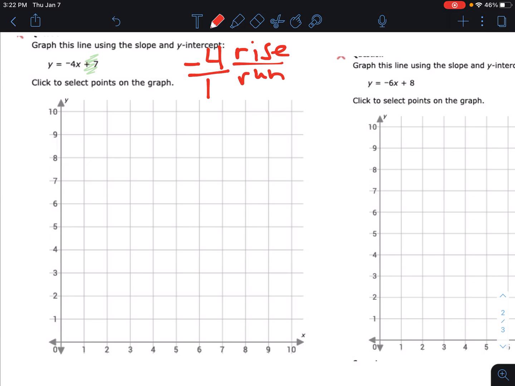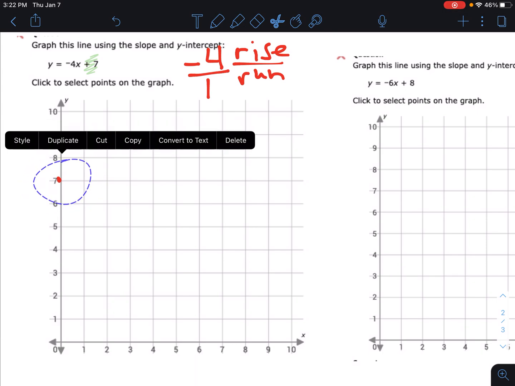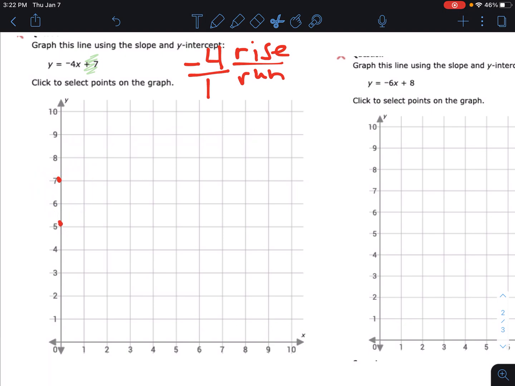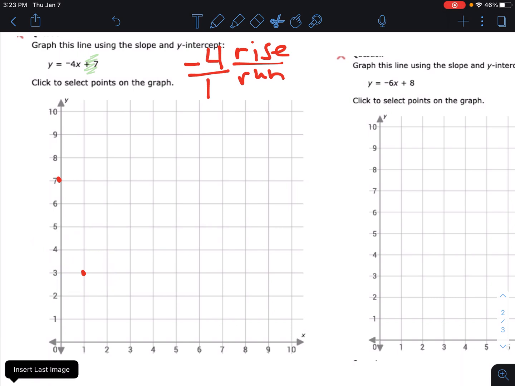I don't know where the negative came from. I'm going to put a point at 7, and then I'm going to go down 4 again because it's negative. So 1, 2, 3, 4 over 1. There's my point. Now I could keep going. I don't have room on my graph necessarily, but in IXL it doesn't matter because all you need is 1 point and it will automatically do it for you.